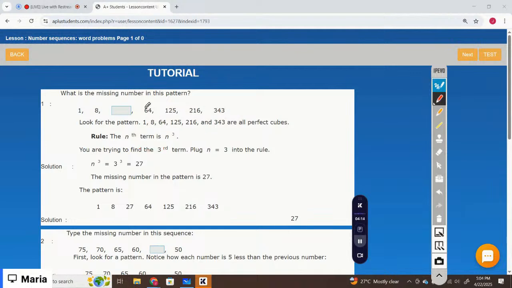We have to find a pattern in the given sequence and then we need to find the missing number. The sequence is 1, 8, blank, 64, 125, 216, and 343. That is n cube, so 3 cube is 27. The correct option is 27.